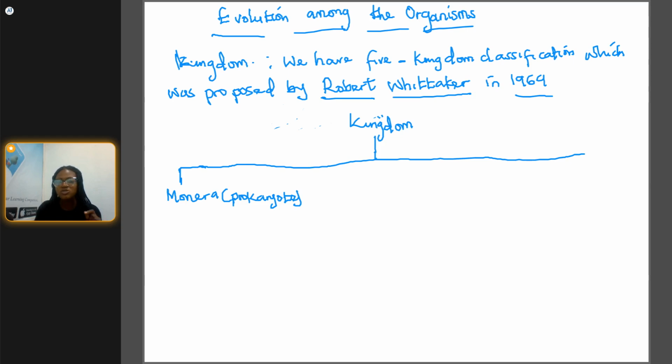I'm just trying to make use of a table to break them down. So the first kingdom is the Monera. This Monera can also be called prokaryotes, which I wrote here. I want to manage my space, so I'm going to put it down.